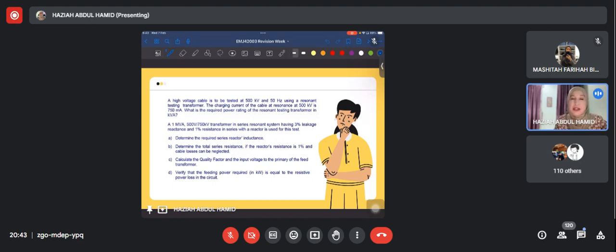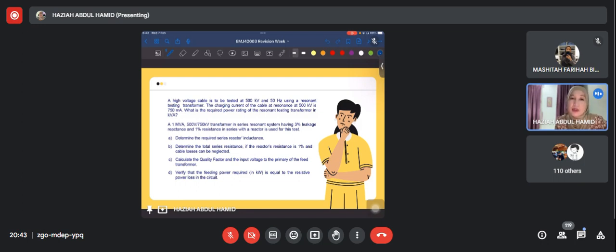Okay, look at this question. A high voltage cable is to be tested at 500 kV and 50 Hertz using a resonant testing transformer. The charging current of the cable at resonant condition is 750 milliampere.